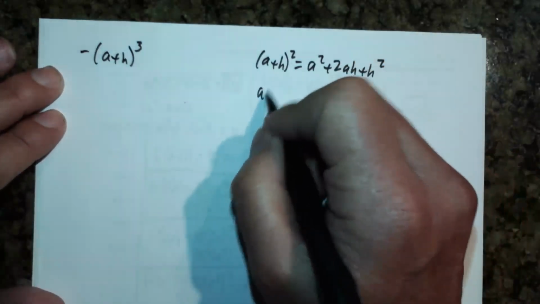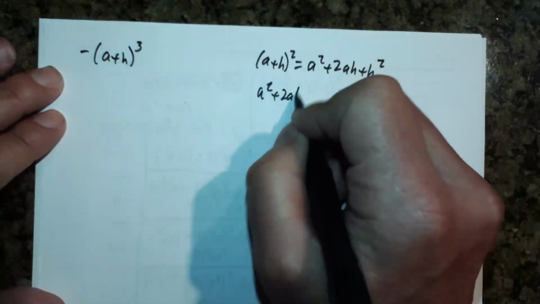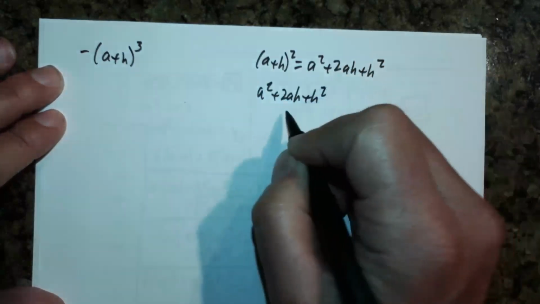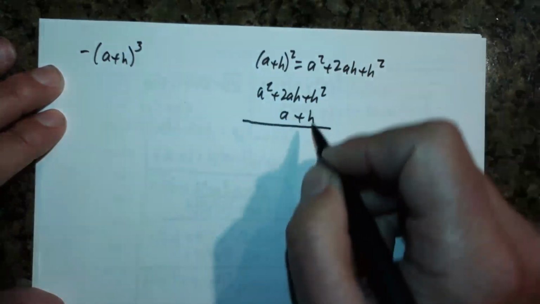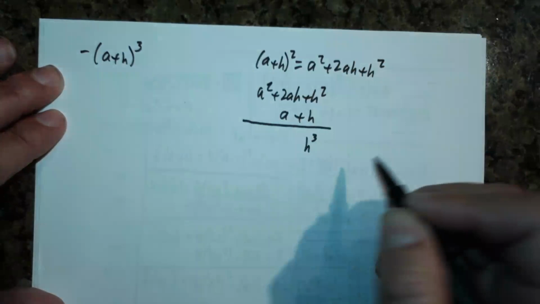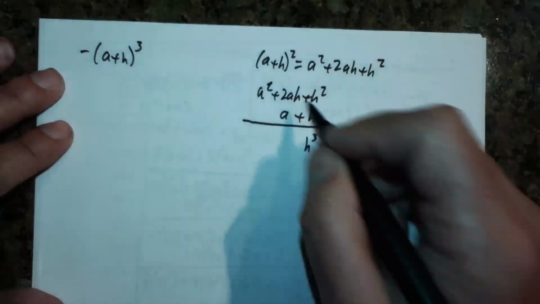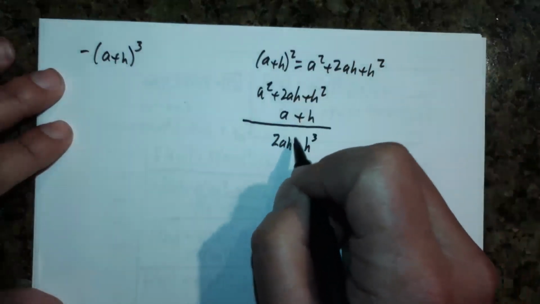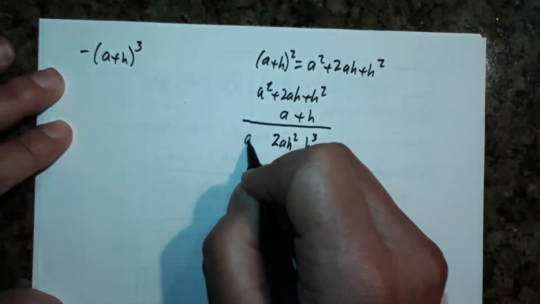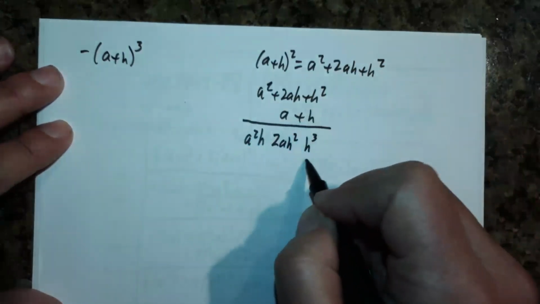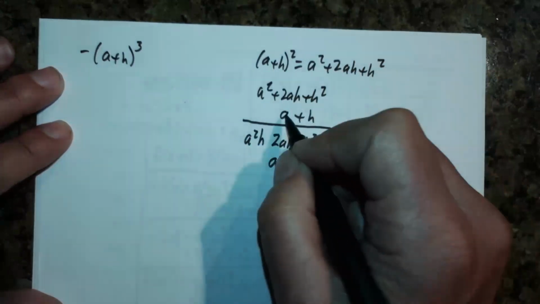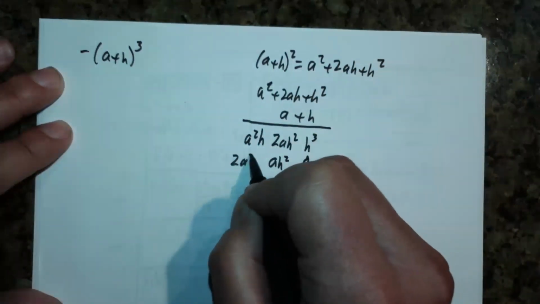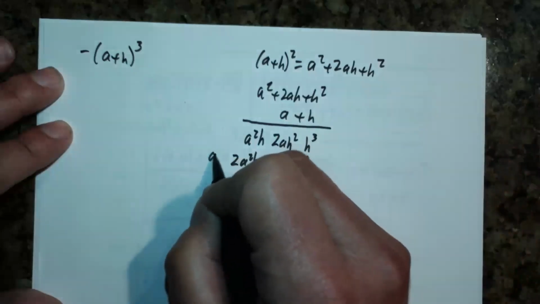So I'm going to take a squared plus 2ah plus h squared and multiply that by another a plus h cubed. I'm going to do that multiply thing again. This gives me 2ah squared. And this gives me a squared h. Put down my placeholder. Ah squared, 2a squared h, and a cubed.